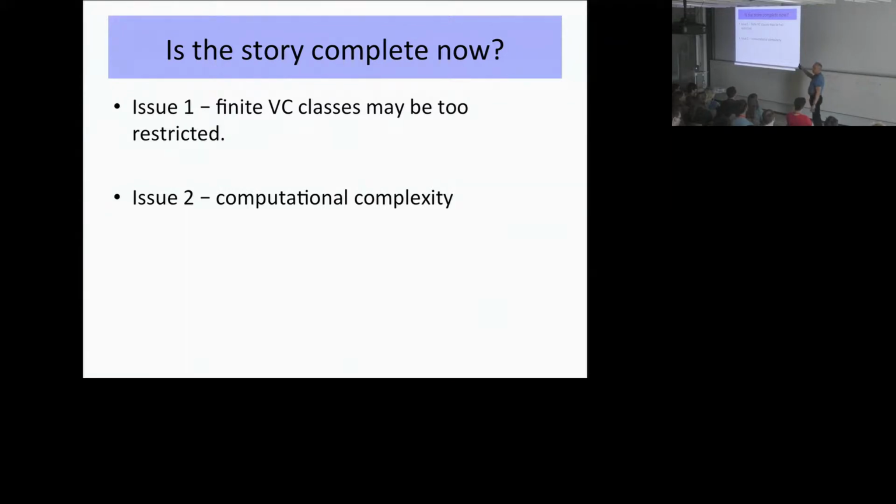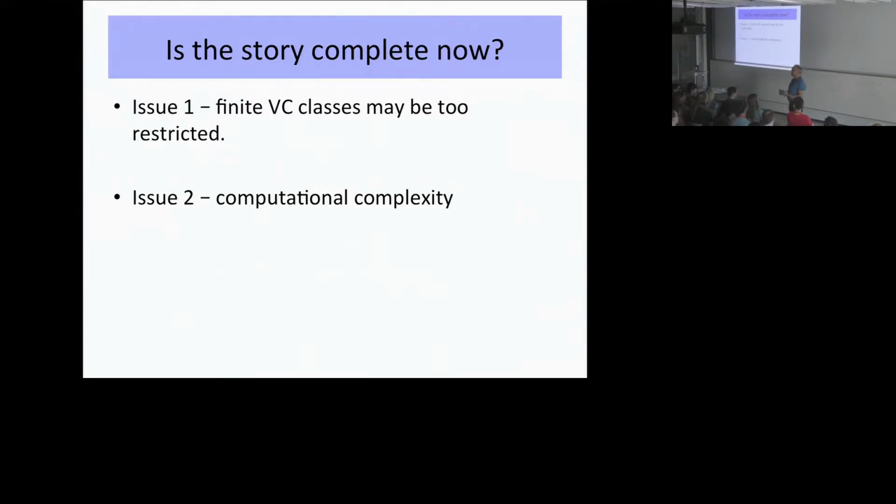The other big elephant in the room is the computational complexity. It is crucial that we do our calculations fast. And the computational complexity of ERM, in many cases, is NP-hard.